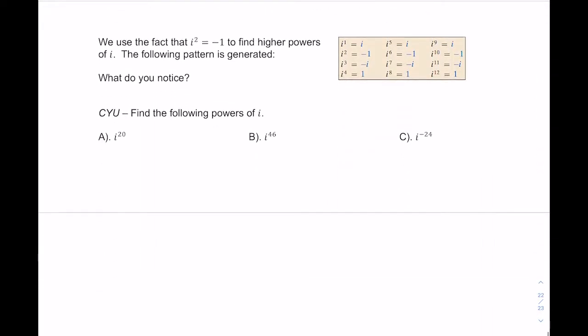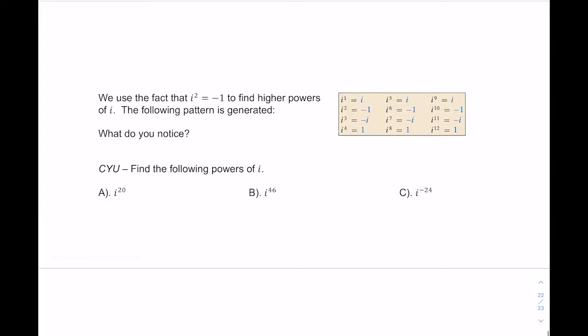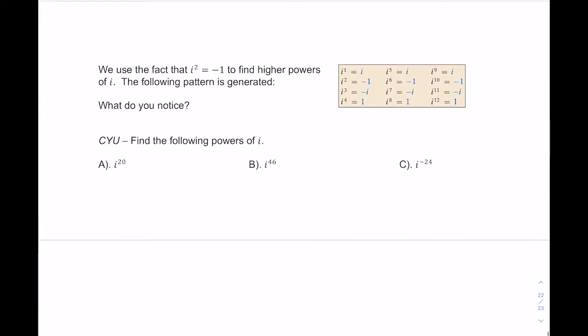The last thing we're going to talk about in this video is the fact that when you are looking at i to the first, i to the second, and so on, there's a pattern that occurs. So if you look, i to the first is i, i squared we know is negative 1, i to the third would be negative i. So if you think about it, i to the third is made up of i times i squared. i times negative 1 is negative i.